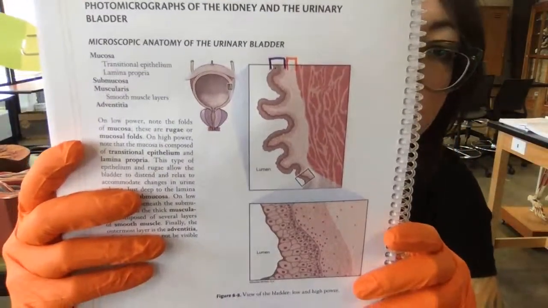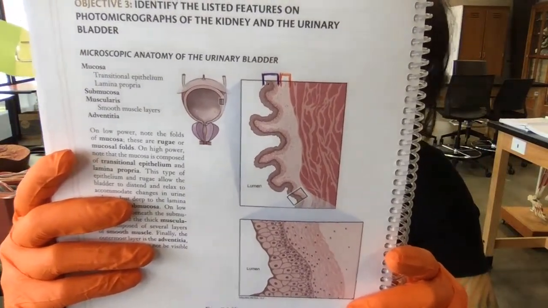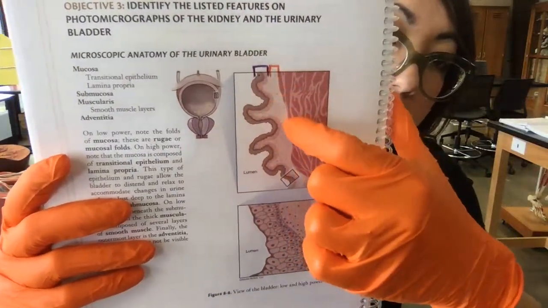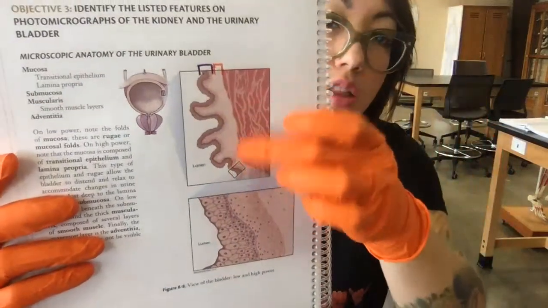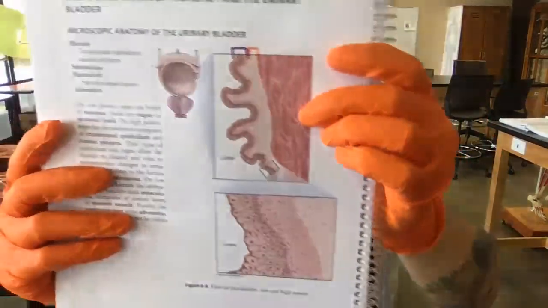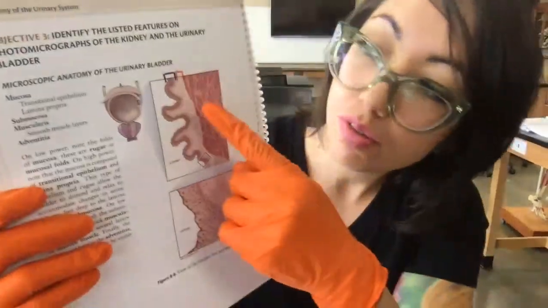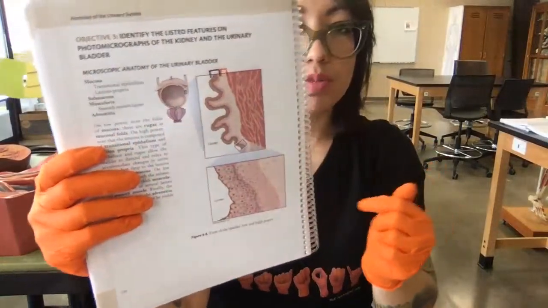So again, dark brown is the transitional epithelium. The pink is the lamina propria. Both of those make up the mucosa. And then this lighter part is the submucosa. And then all of this is the smooth muscle layers. We have an inner longitudinal layer and then an outer circular layer, but we don't have you differentiate those in your lab manual.